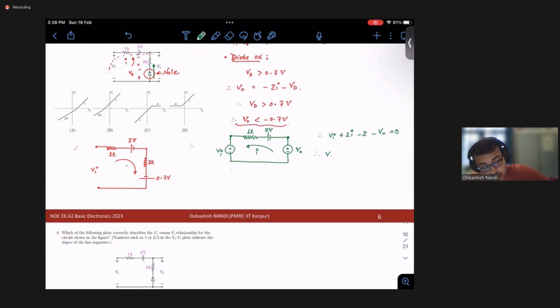So your V naught is equal to Vi minus 2 plus I, right? So what is your Vi? Vi is equal to V naught plus 2 minus I, is it right?